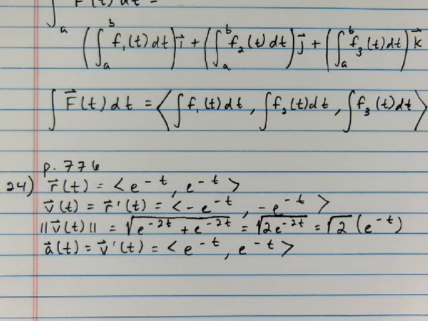All right, next, let's look at number 32. I'm going to go to the next page for that one, so I'll stop for a second so you can get this written down. Okay.